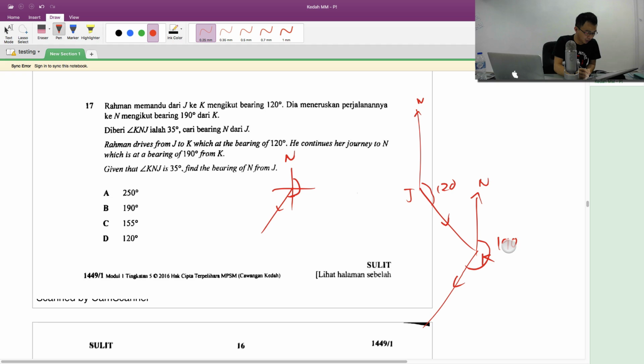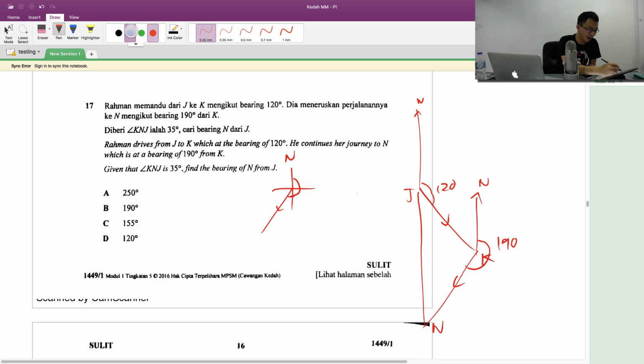Okay, so he continued his journey to N. So the N is here. The question gives you that the angle at K, between the K and J, is 35 degrees. That means I will make a triangle here.